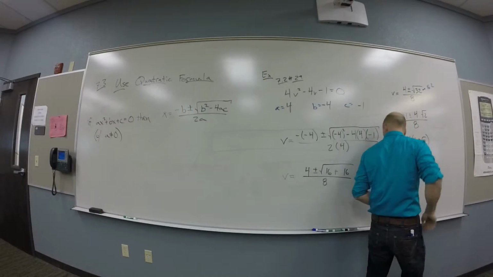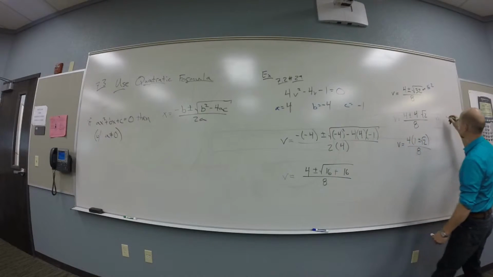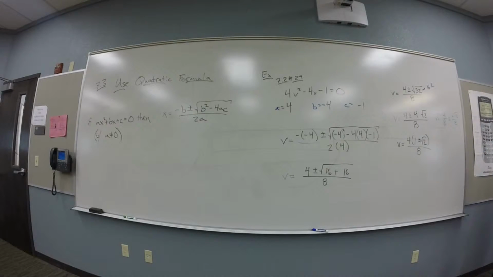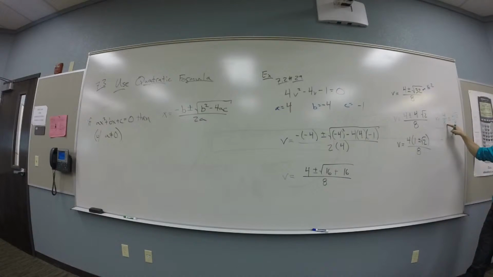Yeah. Okay, so alternatively, we could write b is 4 over 8 plus or minus 4 root 2's over 8. And now we can cancel. So here we can cancel a 4, right?